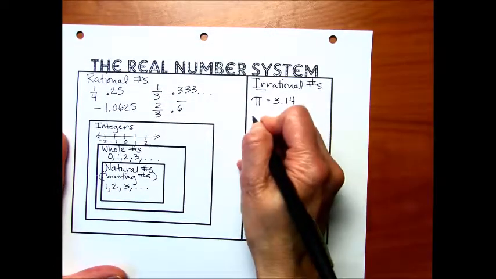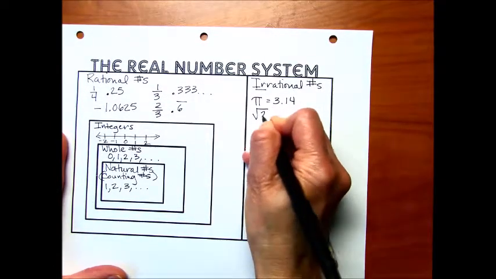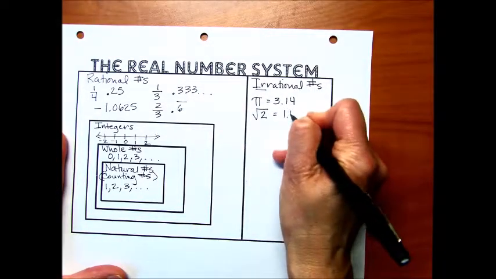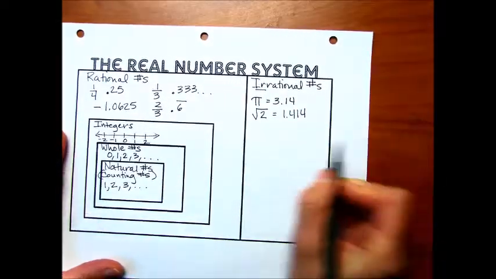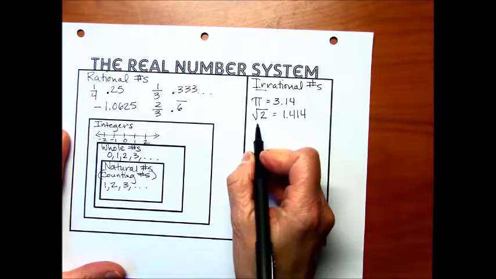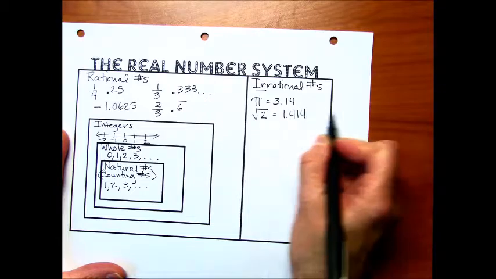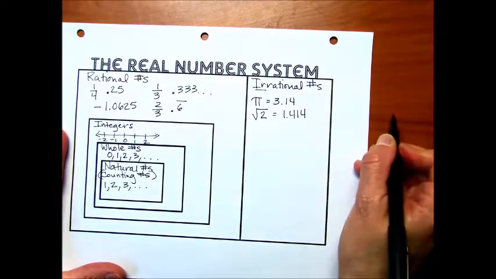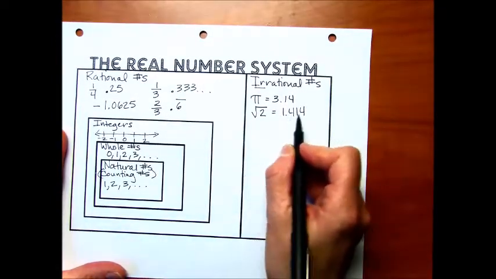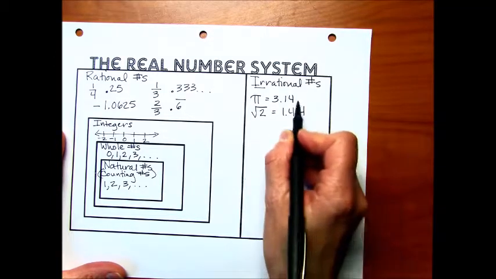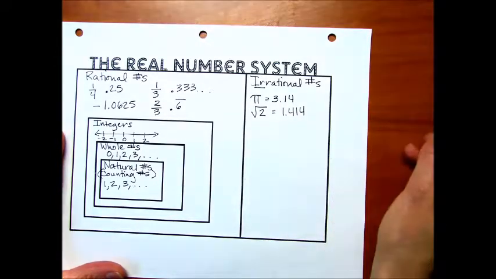Another irrational number is the square root of 2. 1.414 is often used for the square root of 2. However, both of these numbers keep going and go on forever, but there is no repeating pattern. It's just a different combination of numbers as it goes.